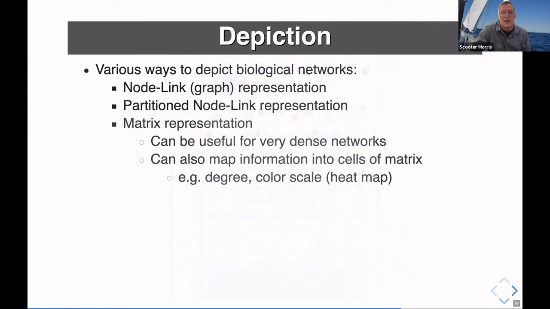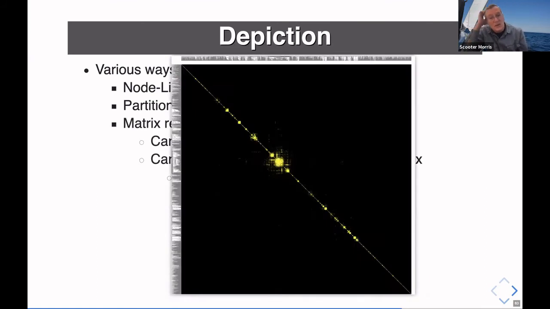We can use matrix representations. So this is a matrix representation, and you can see this highlights very nicely the local interactions. The global interactions are really lost in this. You can see very light yellow splotches sort of off link, but the local interactions, this gives us a really good look at those clusters and how they group together.